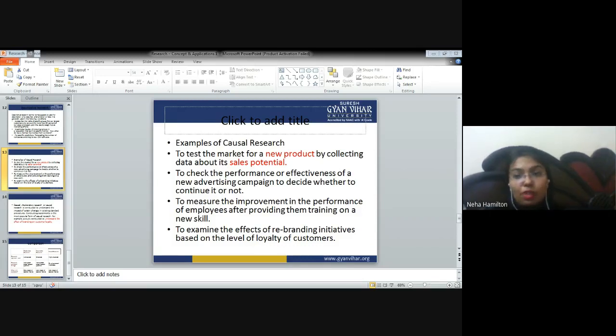To examine the effects of rebranding initiatives on the level of customer loyalty, we are studying how the rebranding exercises we are doing impact the loyalty of the customers. This we are seeing.